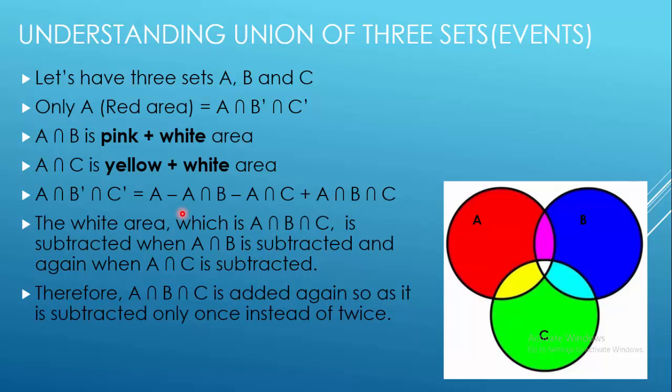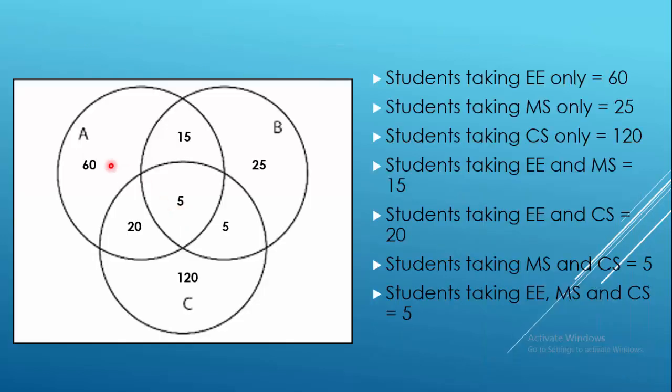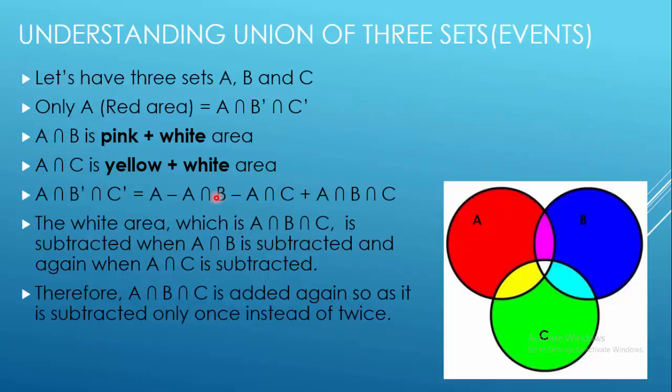If you apply the same over here, for example, what is the value over here? 60. So 100 minus, we take all these values: here it is 25, and here it is 20, because this is what A intersection B and A intersection C are.